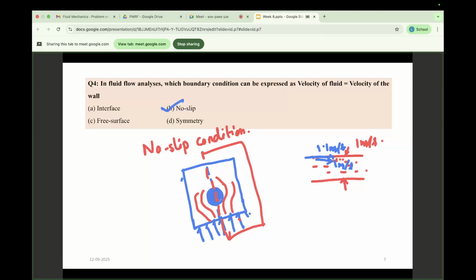If you feel that the system is such that whatever phenomena occur on the left side should be the same on the right side, then you can use it. So the correct option is option B, no-slip, where the velocity of the wall and the velocity of the fluid should be the same.